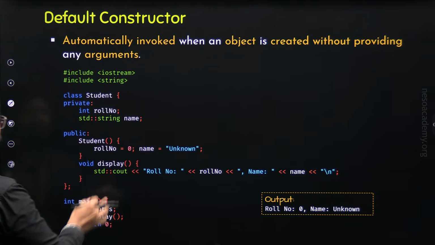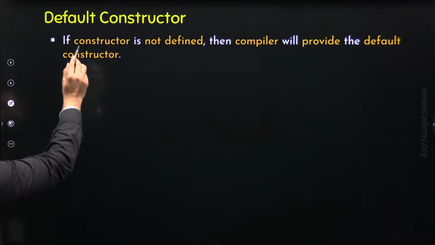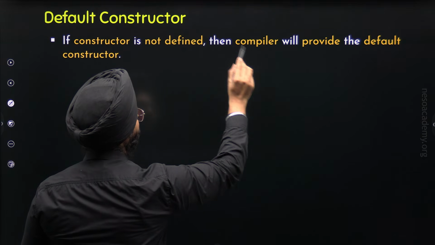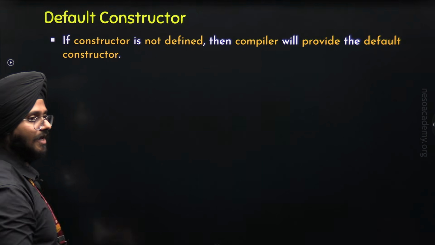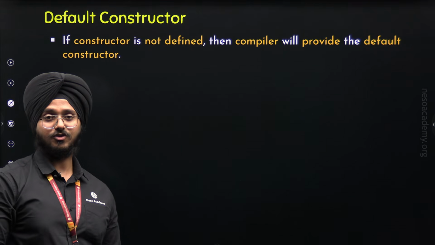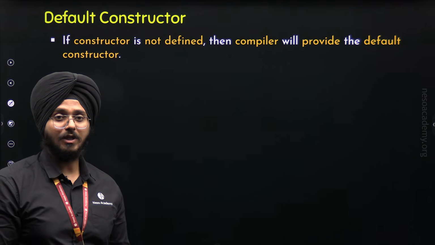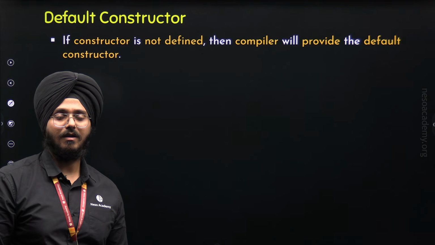Default constructor is then provided by the compiler. This is what I have written here. If constructor is not defined, then compiler will provide the default constructor on its own. And through the default constructor, compiler will provide garbage values to the private members except the string variable.